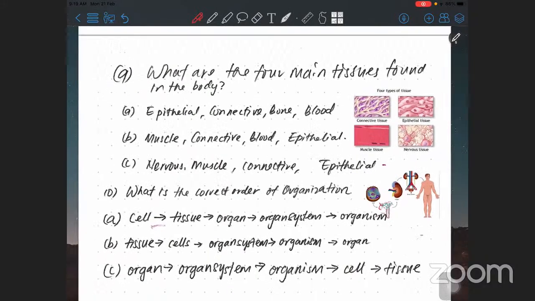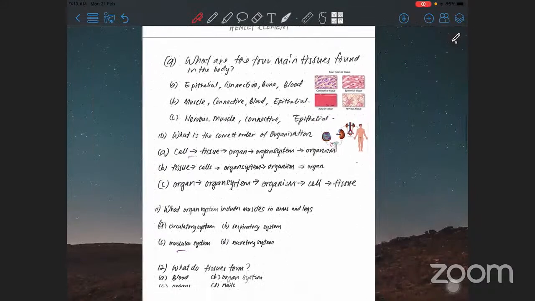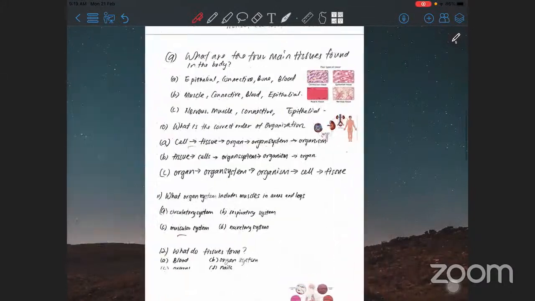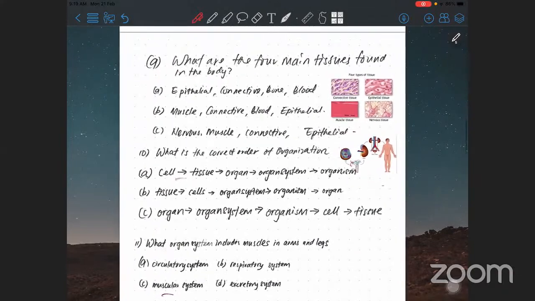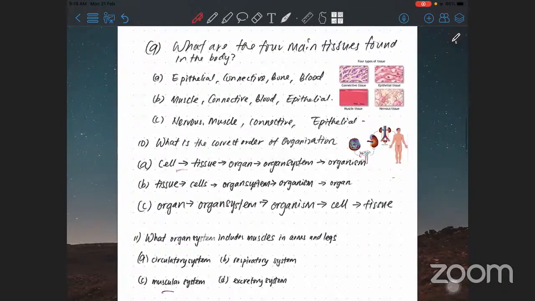Okay, I give you around 1 minute so that you may try these three questions, 9, 10, and 11. What are the 4 main tissues found in the body? You have A, B, C to choose. What is the correct order of organization of organisms?